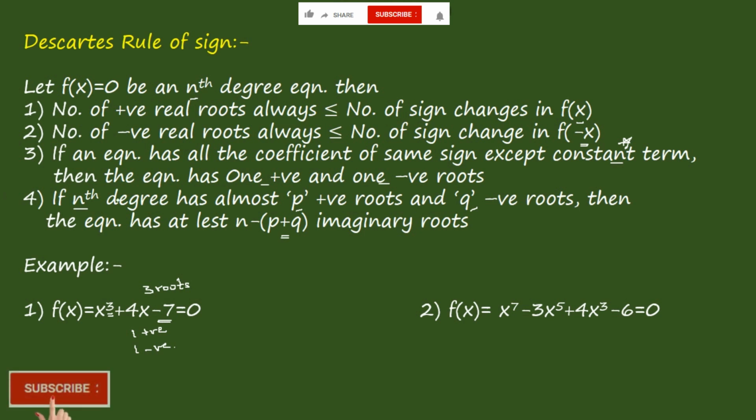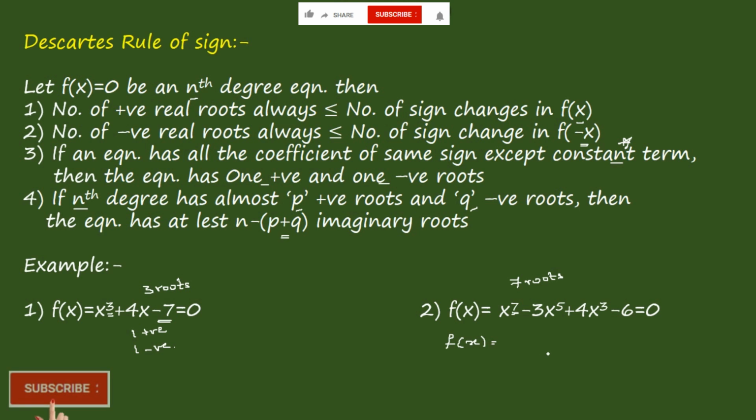Now coming to the second one. See here, it is x power 7, so it has 7 roots. Now we're finding out how many positive real roots and how many negative real roots there are. Consider f of x.